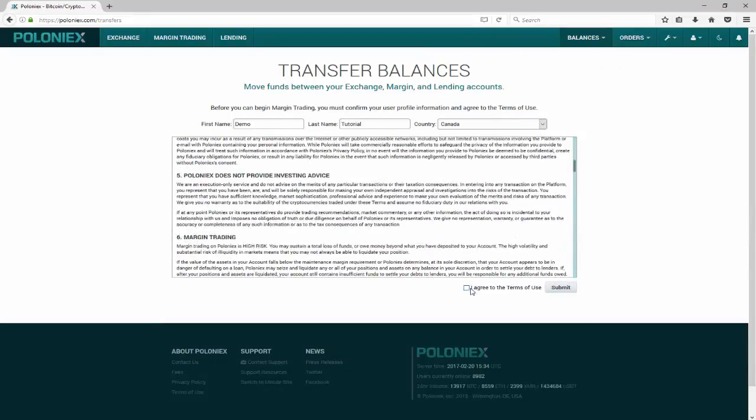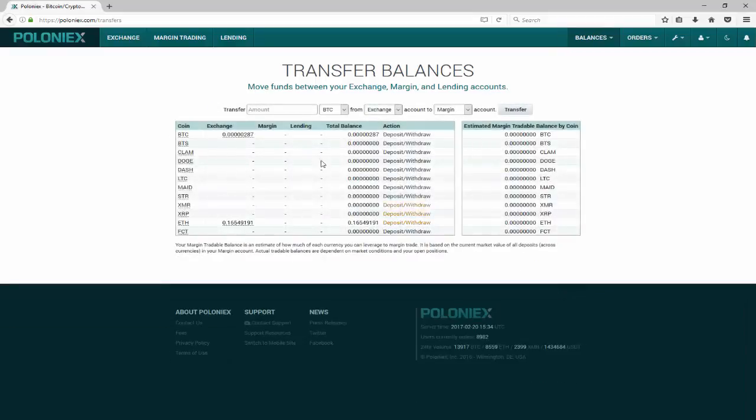I just have to do agree. All right, so click on that, exchange to margin. Actually, let me do Ethereum since there's more. All right, from exchange to margin.